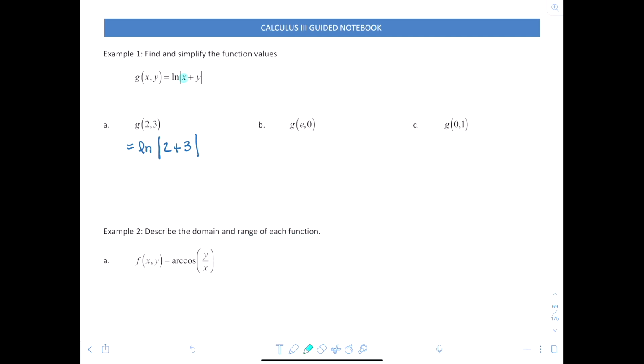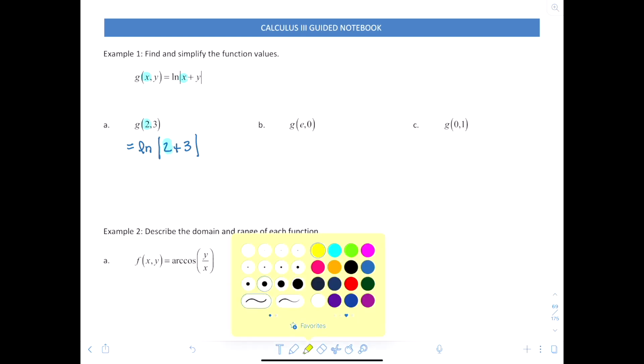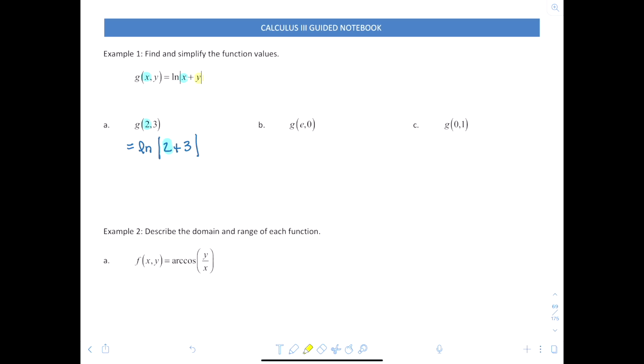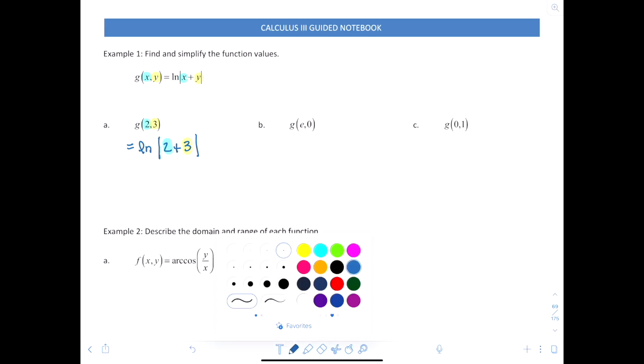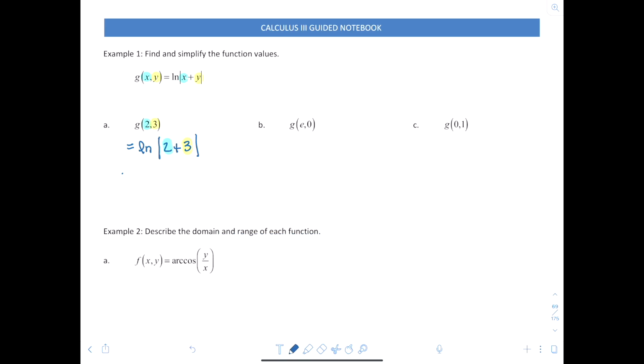Wherever we had seen an x, we put a 2, and wherever we had seen a y, we put a 3 for this particular evaluation. And so that will give us natural log of the absolute value of 5, but 5 is positive, and so we don't need the absolute value. Cool so far? Awesome. All right, so why don't you try B and C just to make sure you're on the right track, and then we'll go on from there.